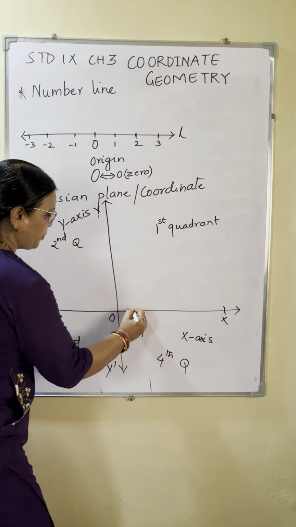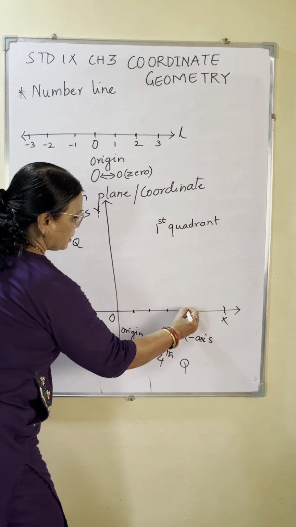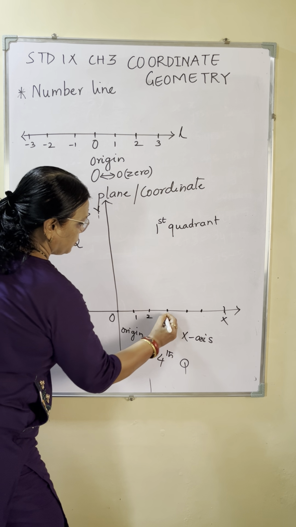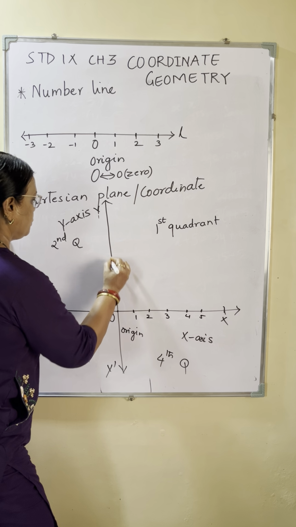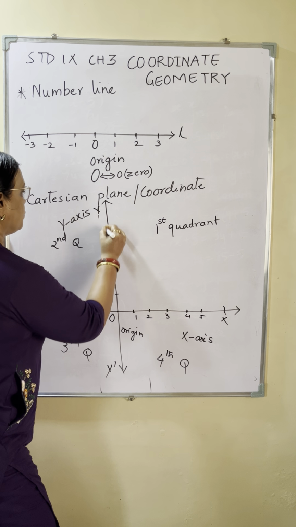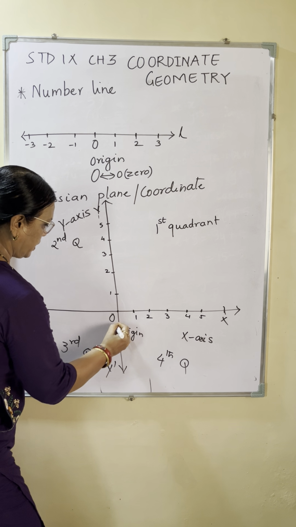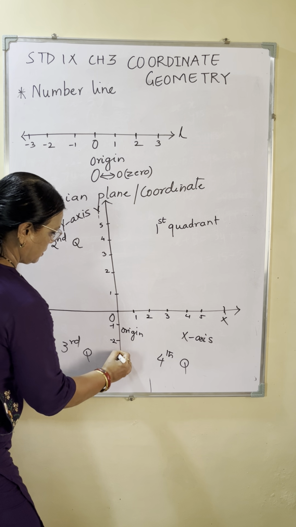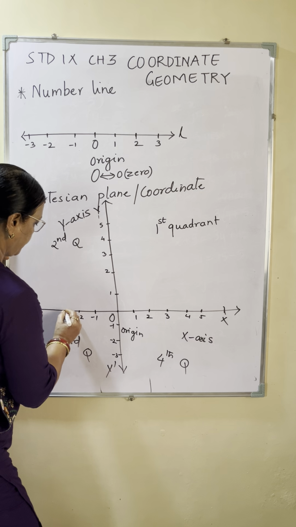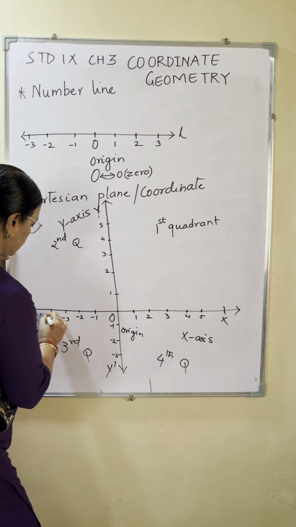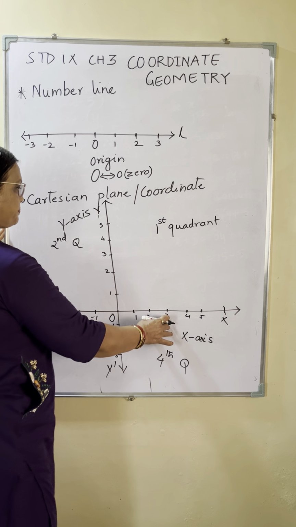Now here when we plot the points 1, 2, 3, 4, 5. Any observation? What is the difference I have written? When we go to the right side, they are positive.